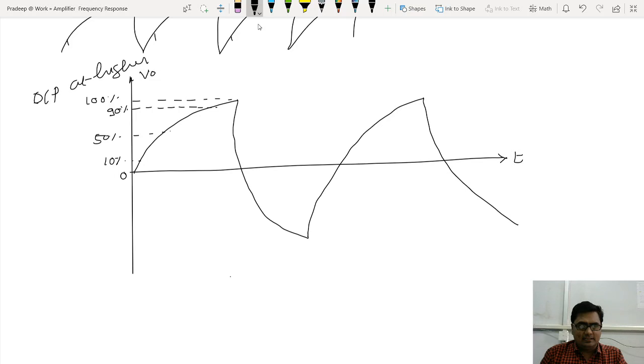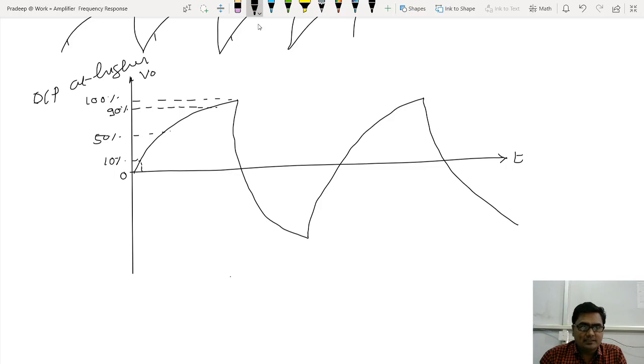Now, in that, there is a small concept of rise time. Rise time is a very common concept, and you are well known about that. You might have studied it in MI, that is measurement and instrumentation, and you might have studied the same thing in network analysis. Still, I want to tell you that rise time is basically the period required for the output voltage to increase from its 10% level to the 90% level.